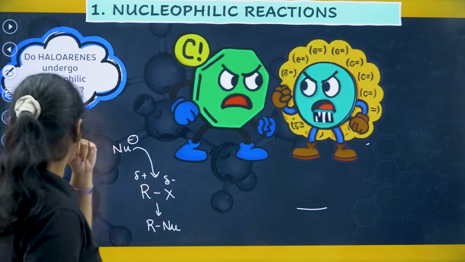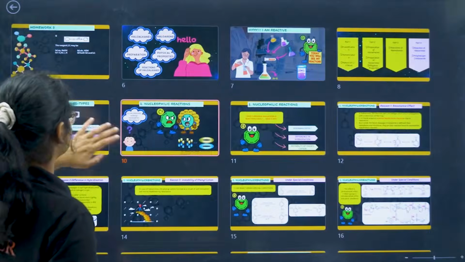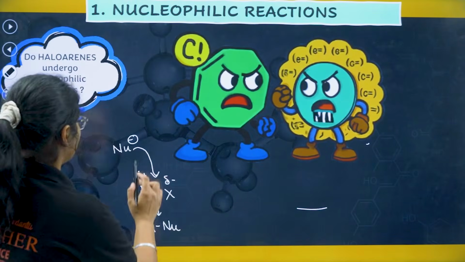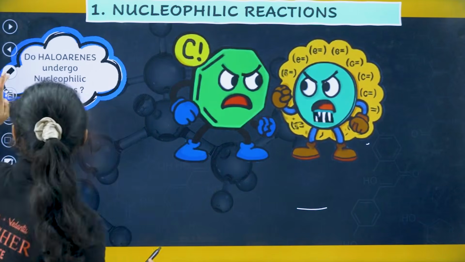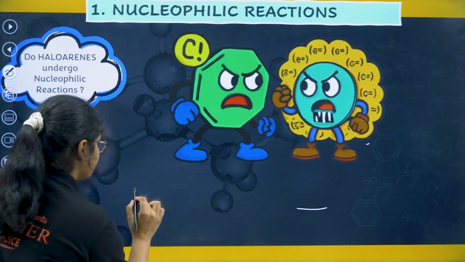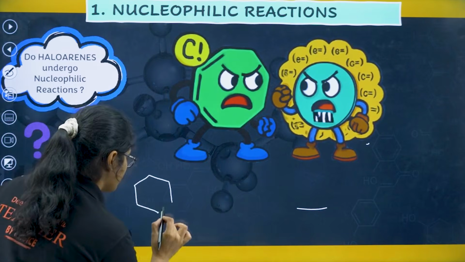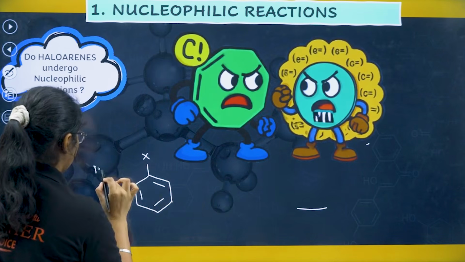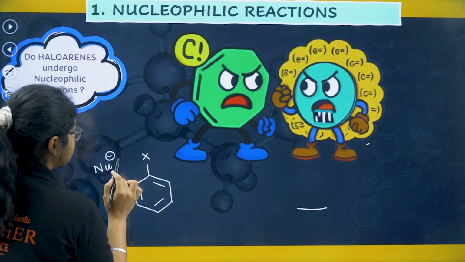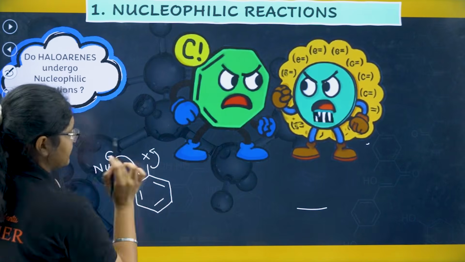This was the case. In case of haloarenes, just imagine now, you have a benzene ring, and you have this X group, and then you have a nucleophile, right? So this nucleophile has to attack here and this X has to go.